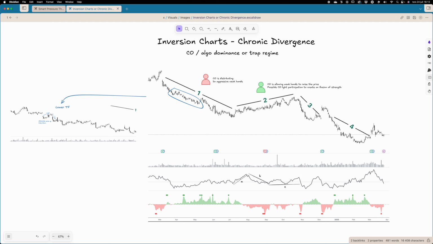If you have watched my previous videos, you know how this is possible. This is due to limit order sellers placing their limit sell walls and absorbing all the buying on the way down. So basically the CEO is distributing to aggressive weak hands.